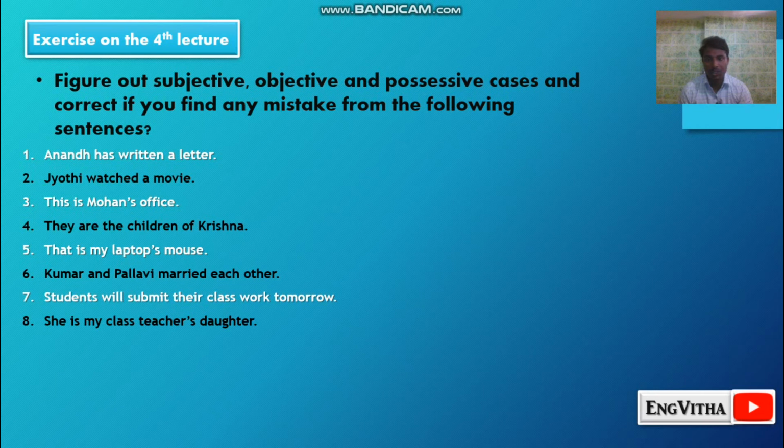They are the children of Krishna, and that is my laptop's mouse. Sixth, Kumar and Pallavi married each other. Seventh, students will submit their class work tomorrow. Eighth, she is my class teacher's daughter. So take a pause and give correct answers to these sentences.